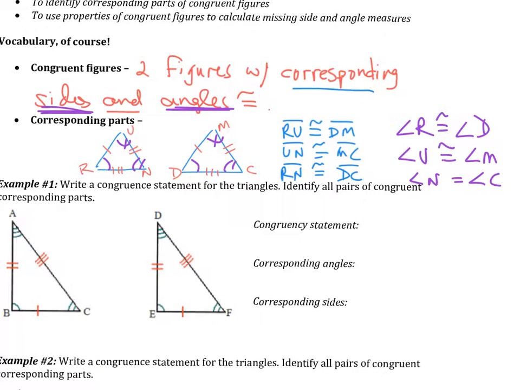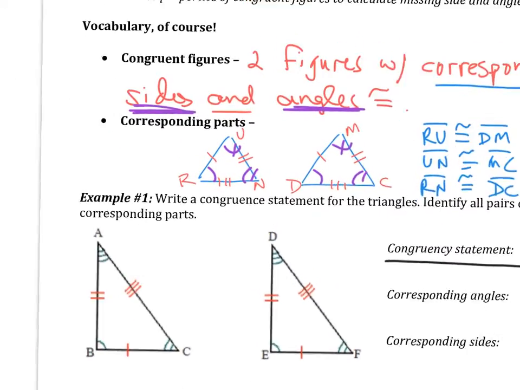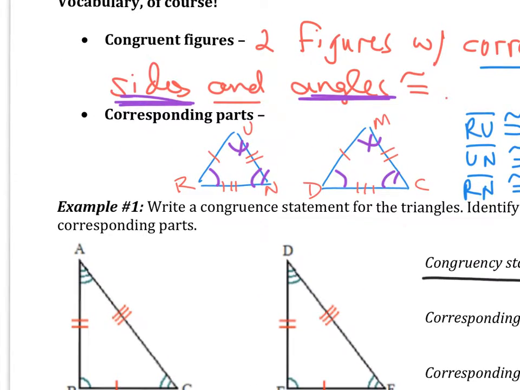Next, I'm going to talk about this idea of a congruency statement. This is the biggie. Okay? All right. I am going to say that triangle RUN is congruent to triangle DMC.